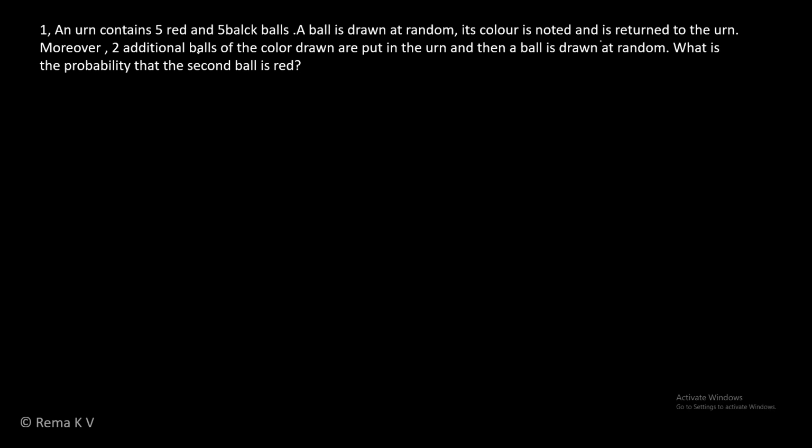Moreover, 2 additional balls of the color drawn are put in the urn, and then a ball is drawn at random. What is the probability that the second ball is red?